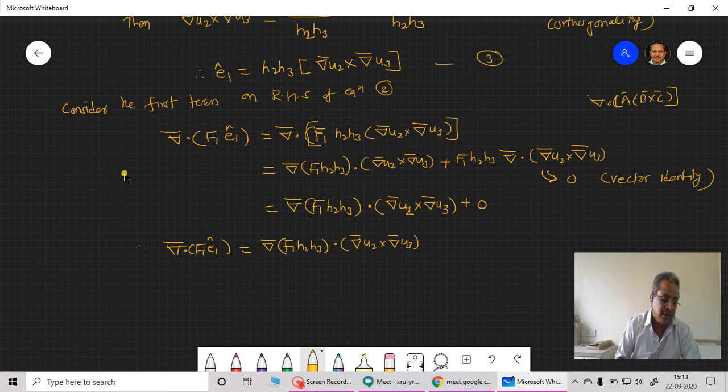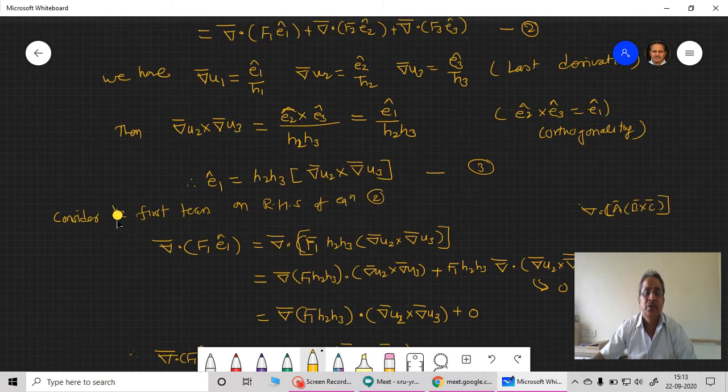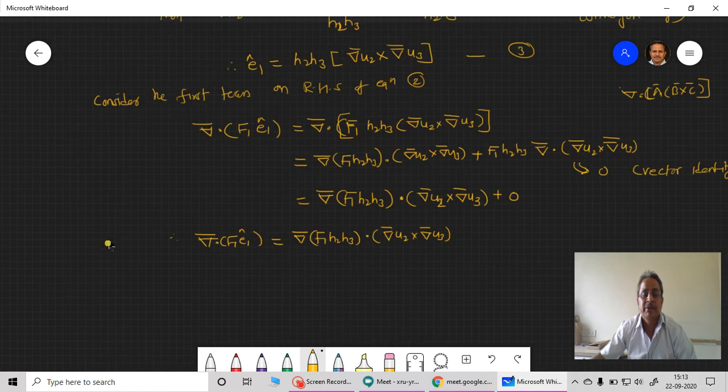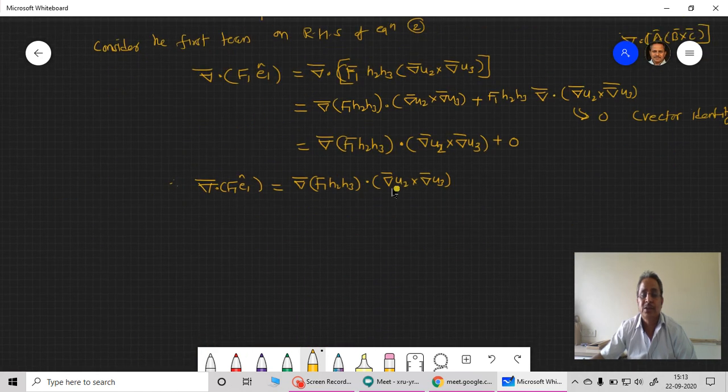Now I can write this as, आता माग वरती एक डेरिवेशन आपण केले पहा, we have shown this grad u2 cross grad u3 relationship. So grad u2 cross grad u3 is equal to e1 cap upon h2 h3. So we can replace it there, this component here.